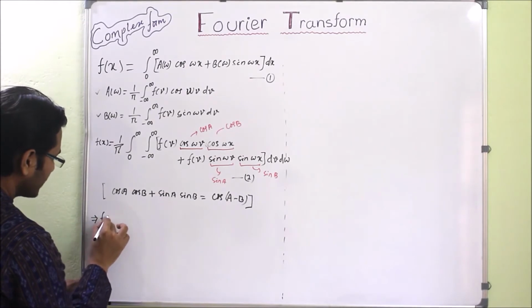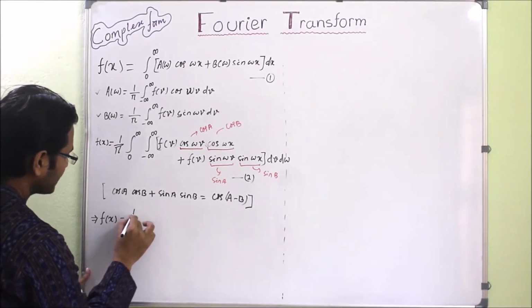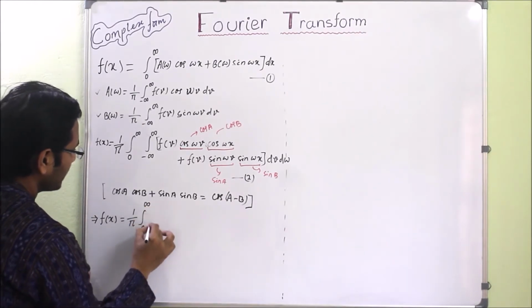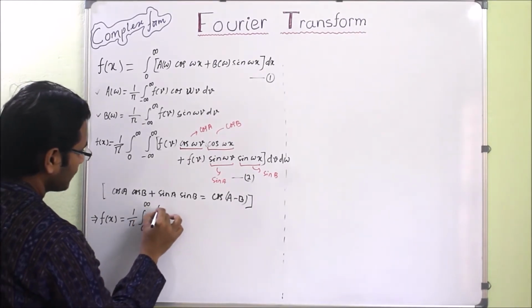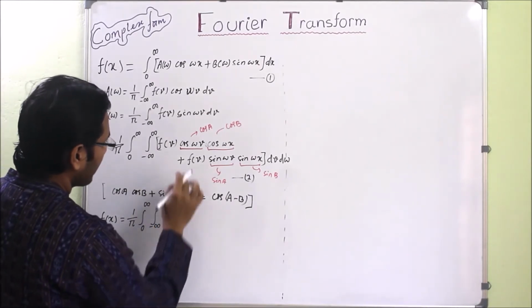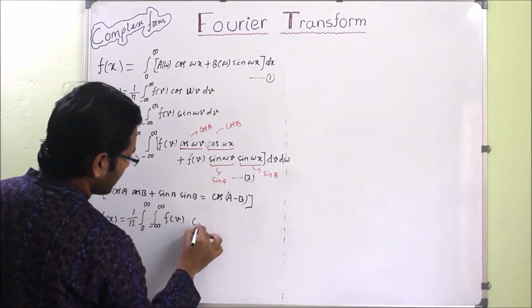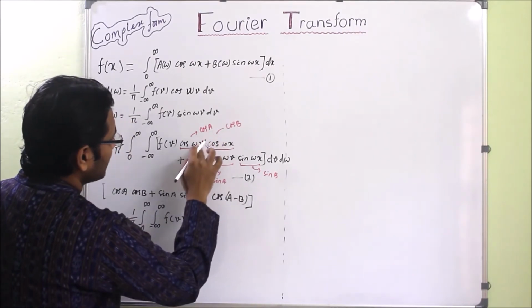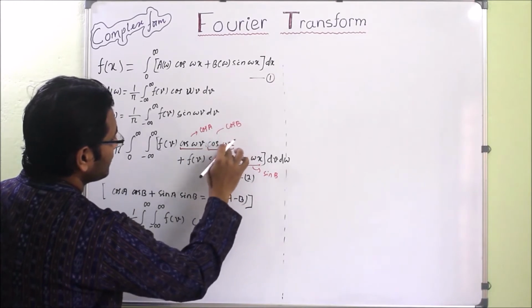We will get the function f of x as 1 by pi times the integral from 0 to infinity, the integral from minus infinity to infinity, then f of v cos of a minus b, where a is wv and b is wx.